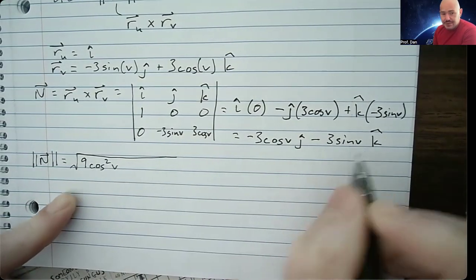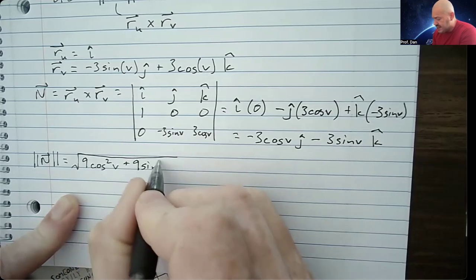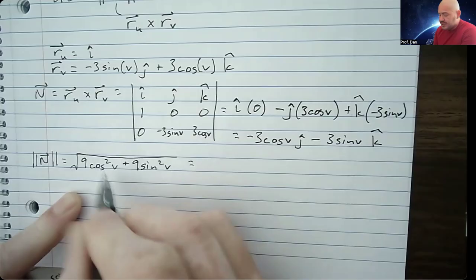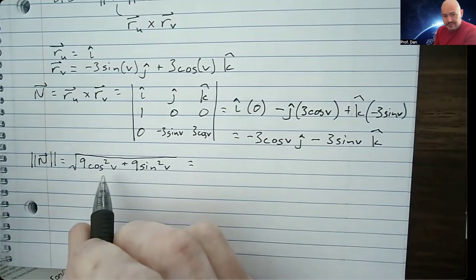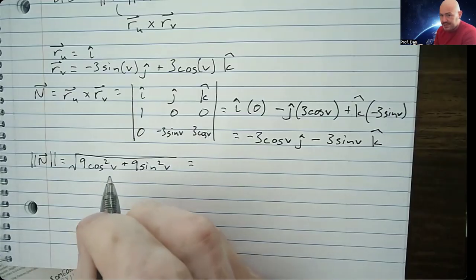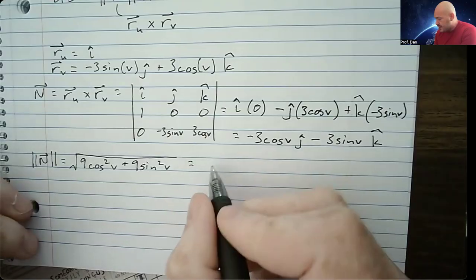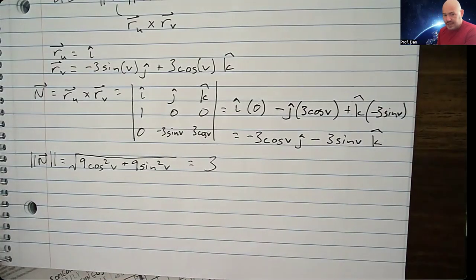If I square -3 sine v, I get +9 sine squared v. We know we can factor a 9 out from that. And if you factor a 9, what are you left with? Cosine squared v plus sine squared v, which is 1. So 9 times 1, we get 9. Square root of that, we get 3.